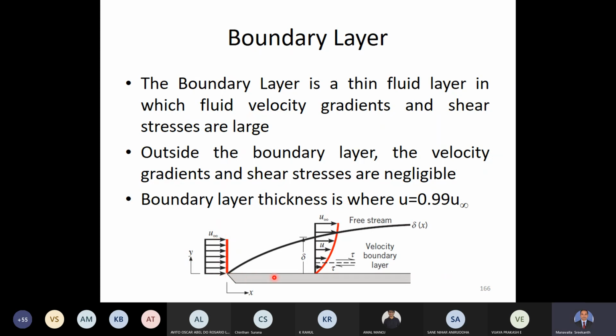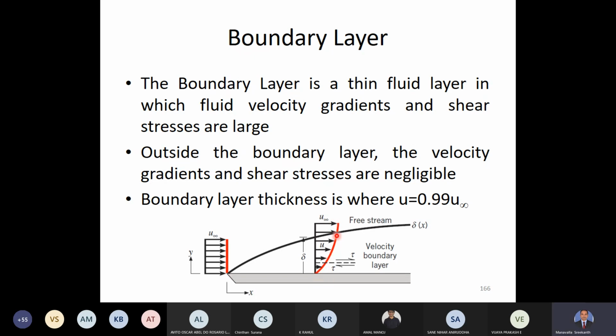Because of the no slip condition, the velocity at the surface of the table will become zero because the table is stationary. And as you move away from the surface of the table, the velocity should reach the value u infinity. U infinity is called the free stream velocity. So from a point of zero velocity to a point of free stream velocity, the velocity changes take place.